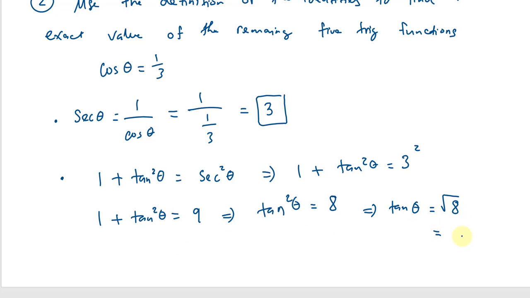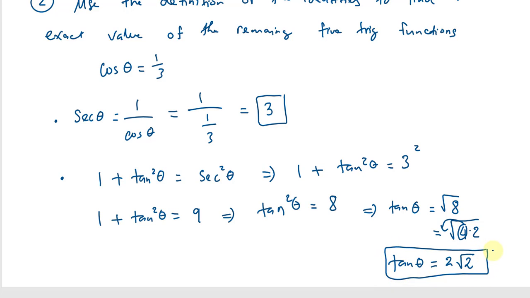So we know that 8 is 4 times 2, and then the square root of 4 becomes 2 outside. So 2 square root of 2. Okay? And that's equal to tangent of theta. So we know secant, we know tangent. So we have to find the other 3 remaining trig functions.